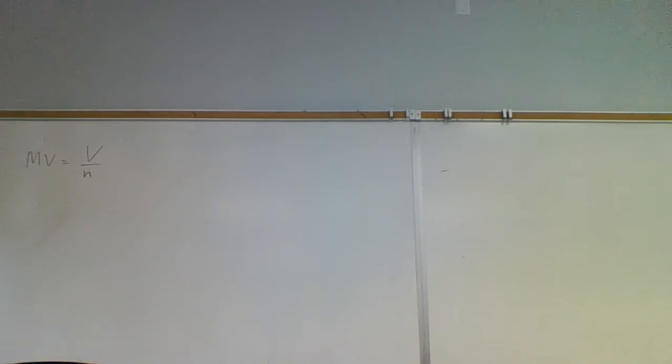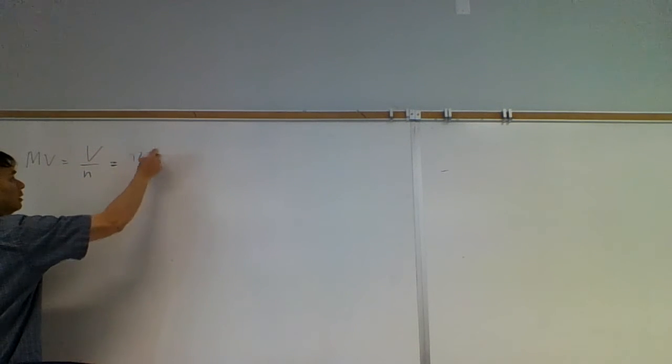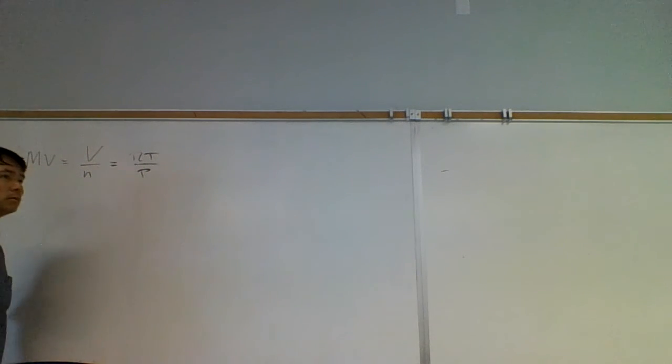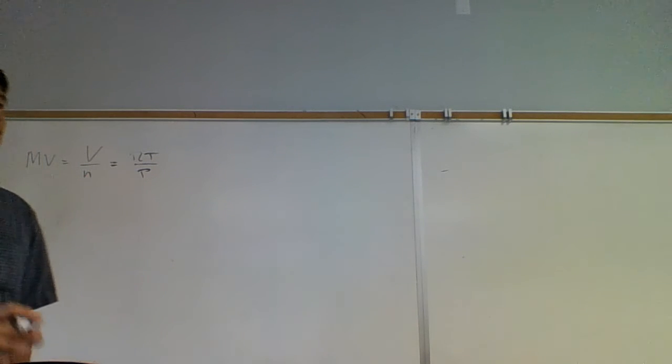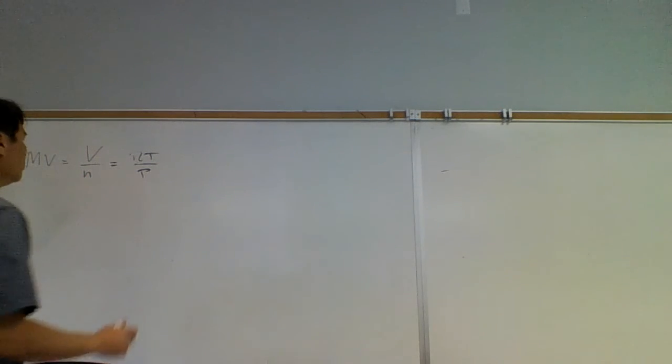We want to put V and n on the same side, so we'll divide by P, and we'll divide by n. This gives us V over n is equal to RT over P. And that's the molar volume. So we could just do a quick initial calculation to figure out what the molar volume is.